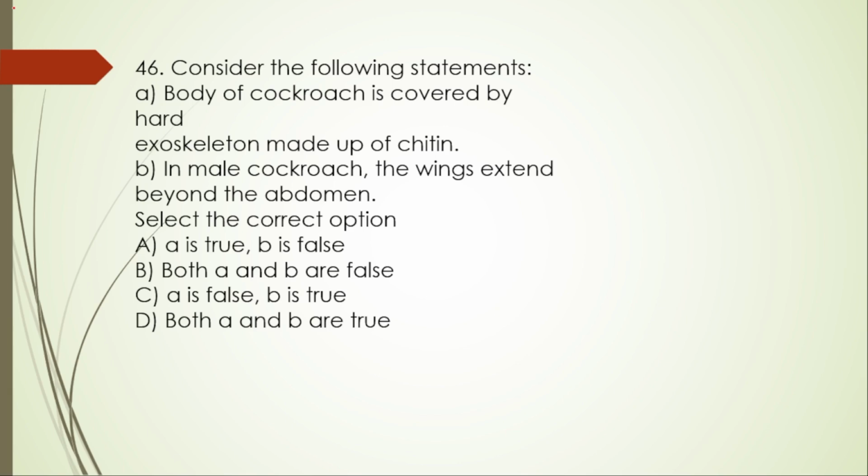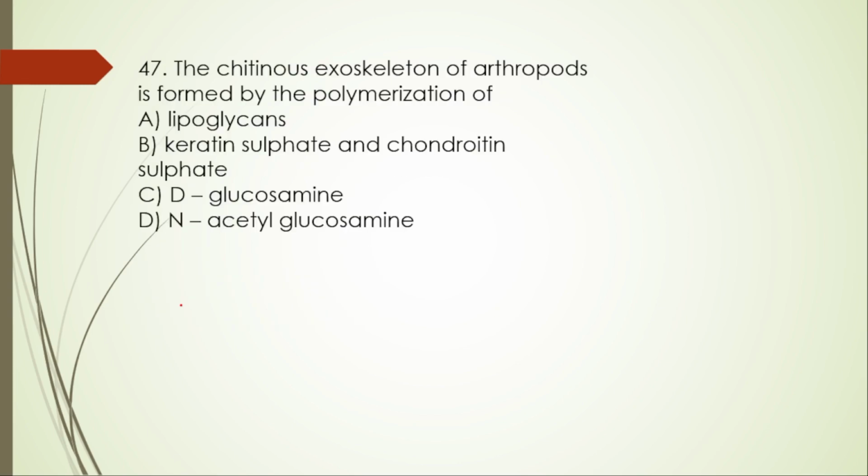This is true. And statement B: in male cockroaches the wings extend beyond the abdomen, and this one is also true. Both A and B are true. So the right option here is D.